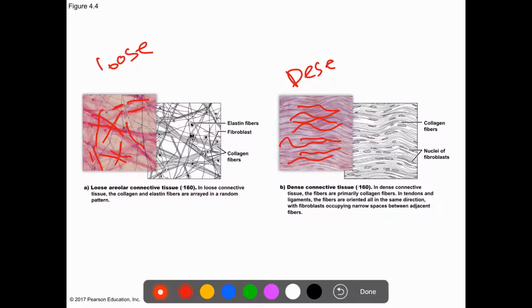So there are a lot of spaces between them. So these are loose and they are sitting in a random pattern, whereas with the dense, as you can see, there is no space between them and they are sitting in a pattern where all of them are running in the same direction. We can find these in ligaments and tendons, whereas we can find these in internal structures, as we said, in the liver or in the spleen.